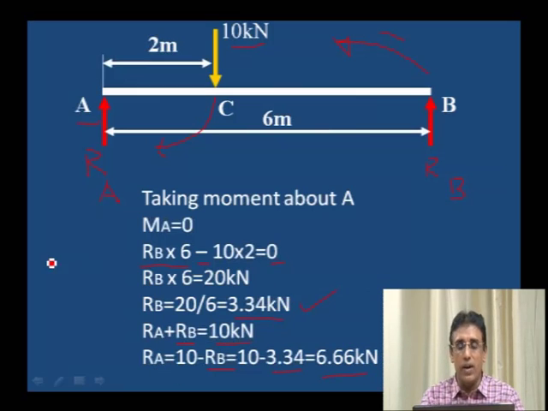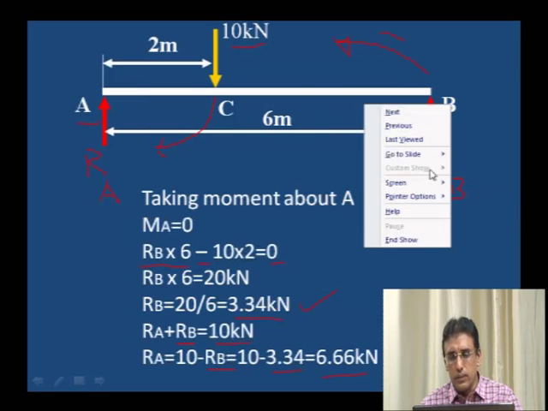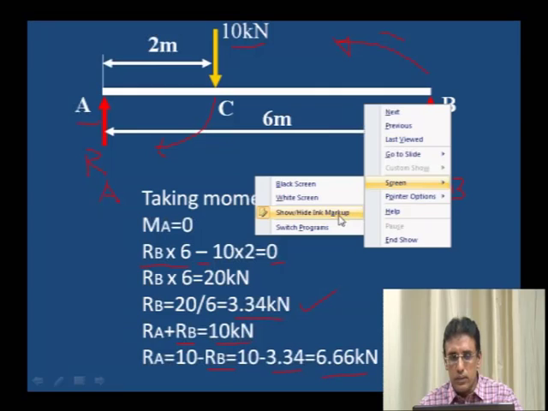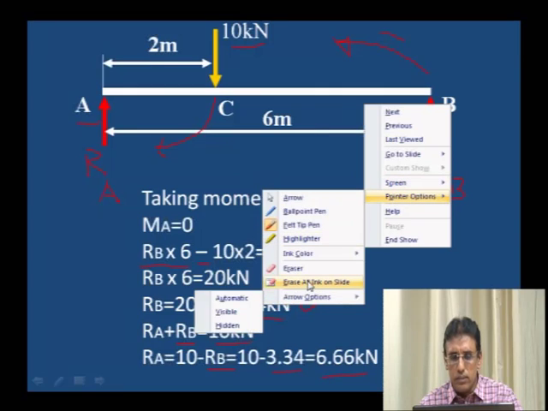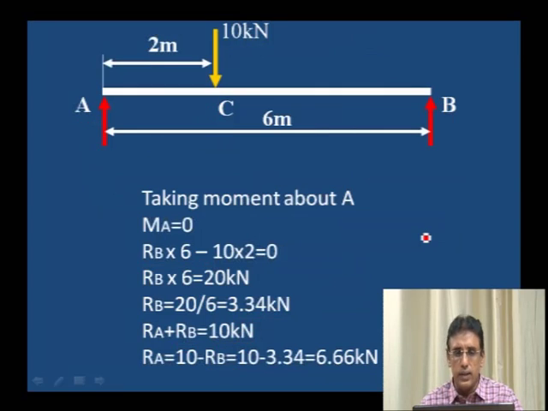Like this, we have to calculate the reactions first before drawing the bending moment and shear force diagram. Whatever type of load it is, whether a point load or a uniformly distributed load, all the loads have to be taken into consideration for calculating the reaction. Next, this is the RA value, 6.66 kilonewton.